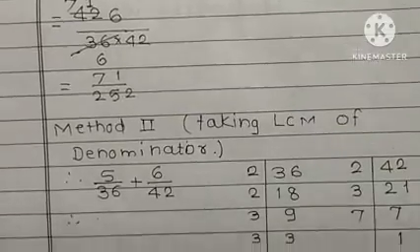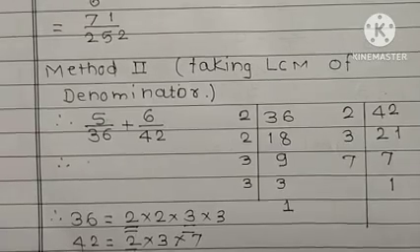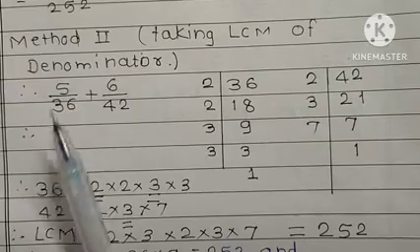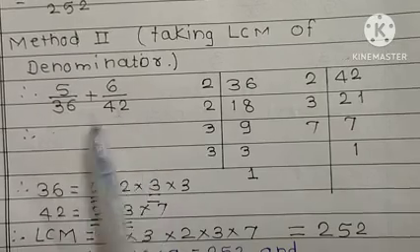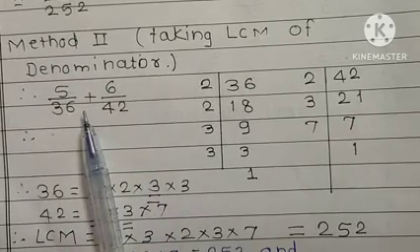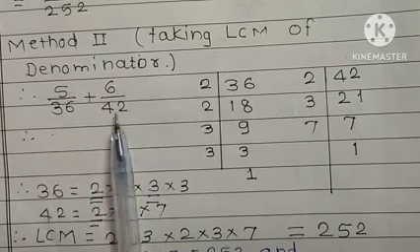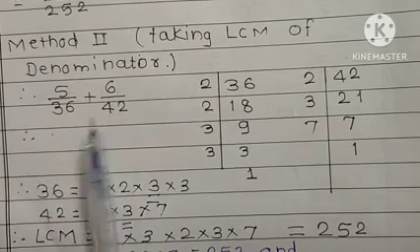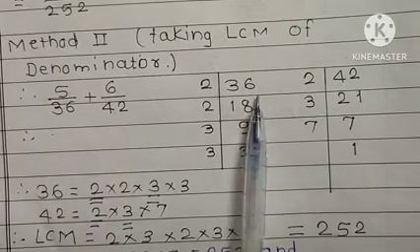Now the second method, that is the LCM of denominator method. 5 by 36 plus 6 by 42, these are two numbers we have to add. First of all, to find the LCM of these two numbers in the denominator, you factorize 36 and 42 in this way.